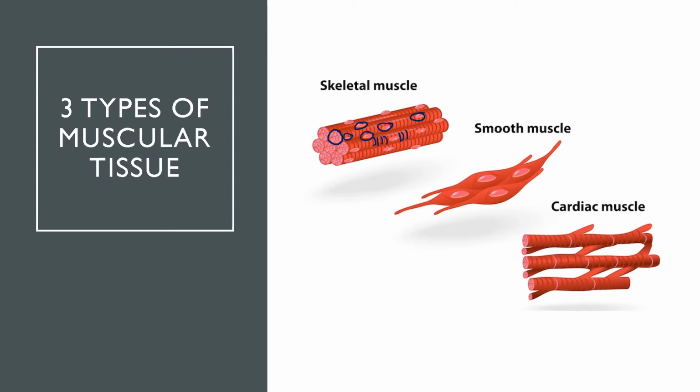Smooth muscle, you can see that these are really smooth muscle cells, no striations, single nuclei. Cardiac muscle, you could still see those striations. There aren't any nuclei visualized in this picture, but they do have single nuclei, and they also have these interconnections, which we will talk about a little bit later.